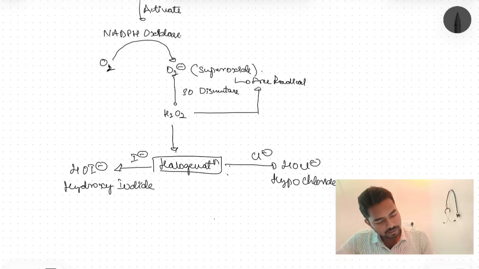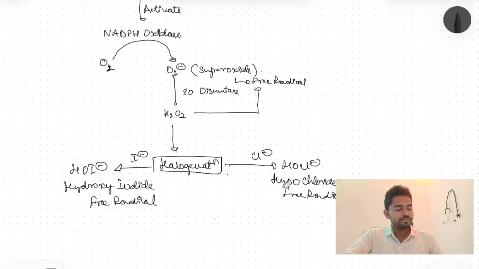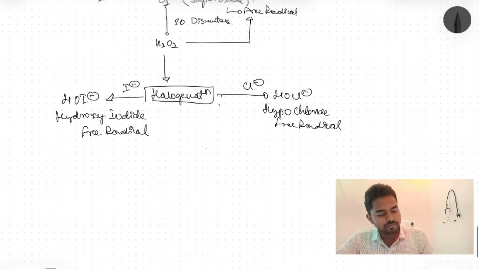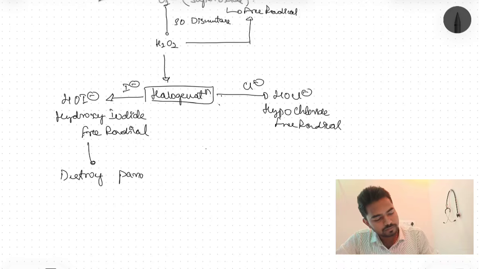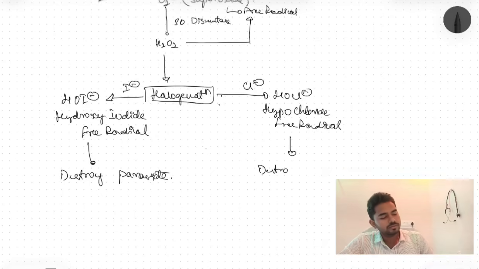These both are free radicals. What happens? Hydroxyiodide will destroy parasite, and hypochlorite will destroy bacteria, right?